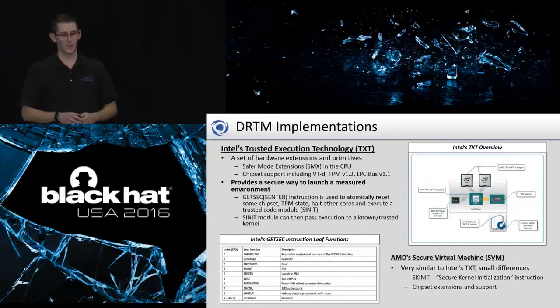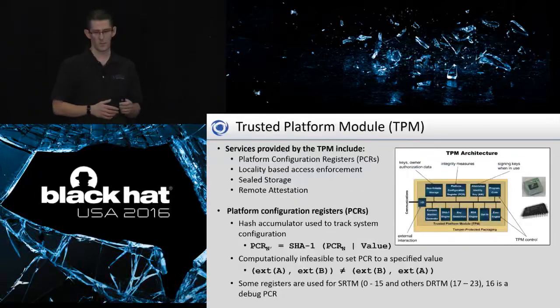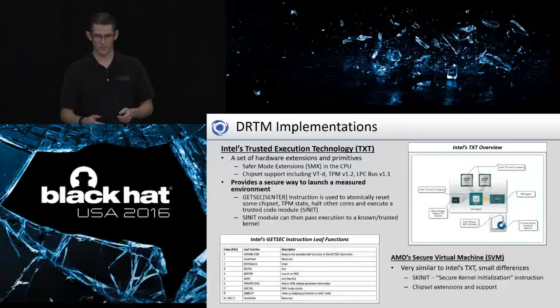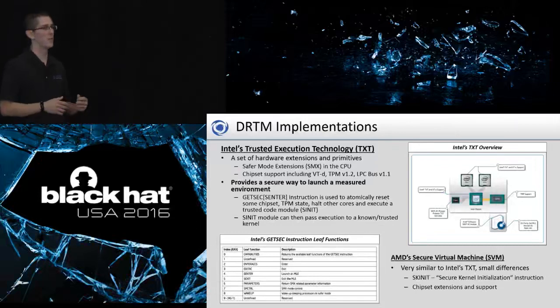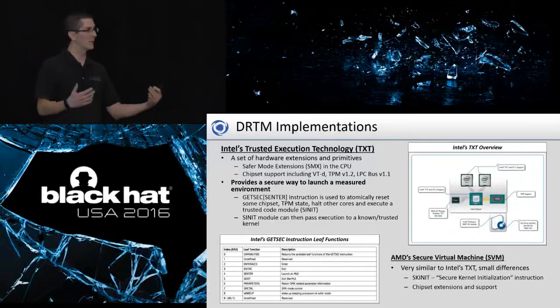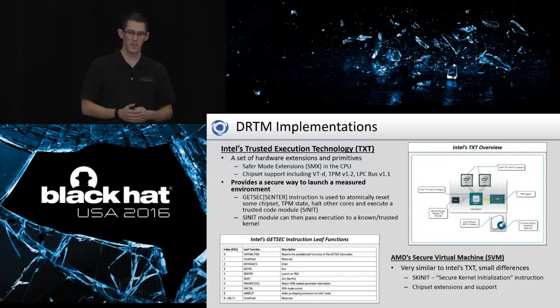In addition to those CPU extensions, there's a bunch of other additions that go into making this happen within the chipset. So there's VT-d protections, VT-d protections that guard against DMA attacks during the establishment of a root of trust.